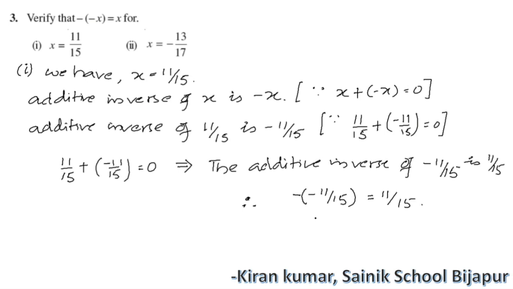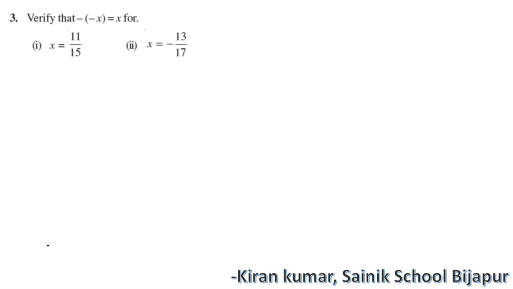Let us take up the second one, which is a negative number. In the second one, we have the value of x equal to negative 13 upon 17.